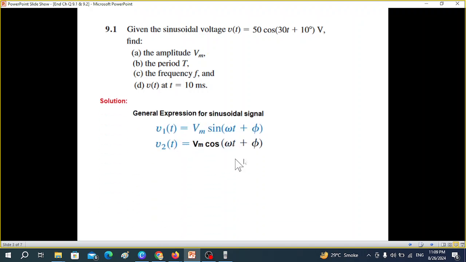These are the two expressions that are generally used for sinusoidal signals. It could be written as Vm sin omega t, or another signal could be written as Vm cosine omega t. Generally, this form is preferred because from here we can directly convert into the phasor form for solving the question.